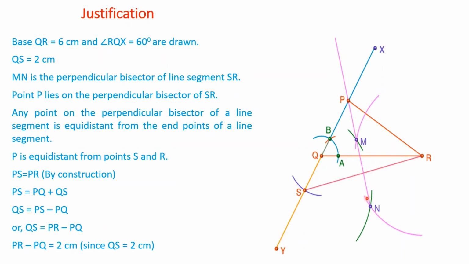Now see, extend this perpendicular bisector. P lies on this perpendicular bisector, and also it intersects the SX line.